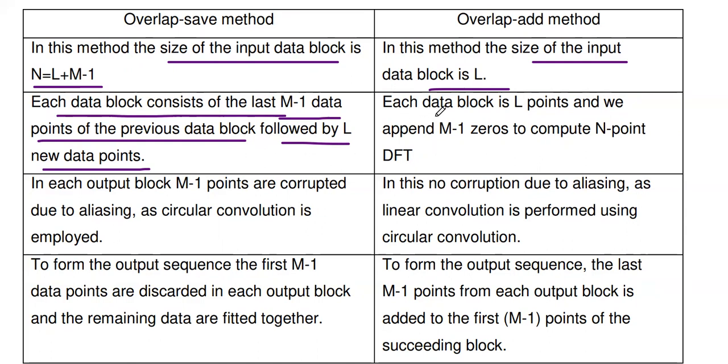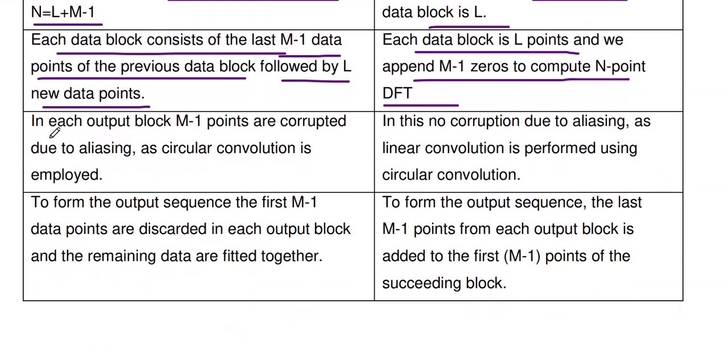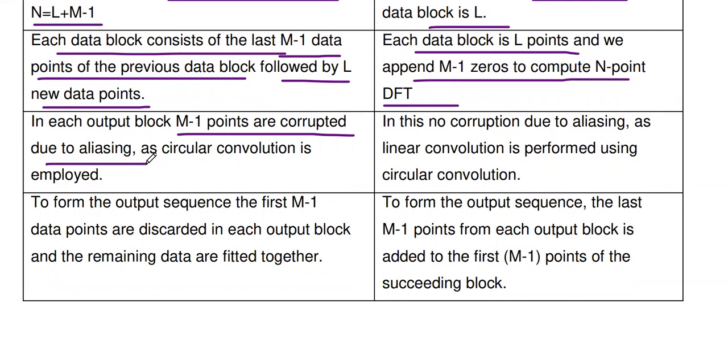Similarly, in overlap add, each data block is L points and we append M minus 1 zeros to compute the N-point DFT. In overlap save, in each output block, M minus 1 points are corrupted due to aliasing. In overlap add, there is no corruption due to aliasing, so linear convolution is performed using circular convolution.